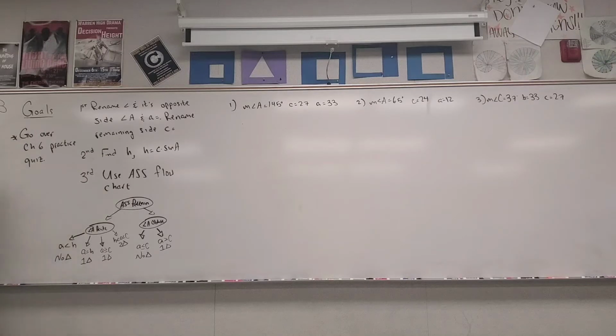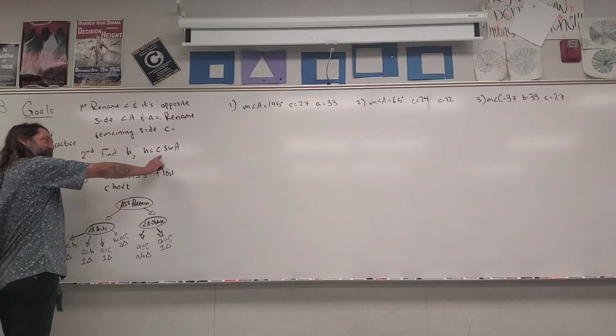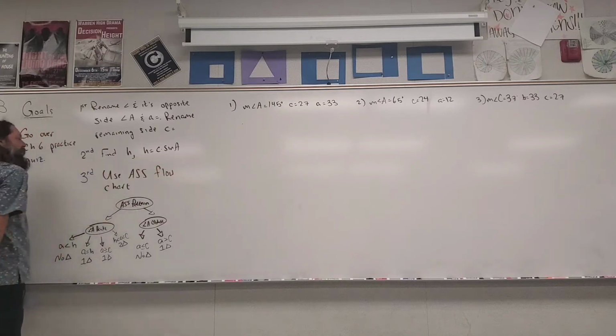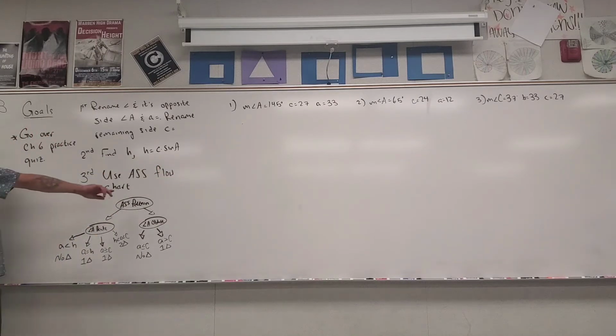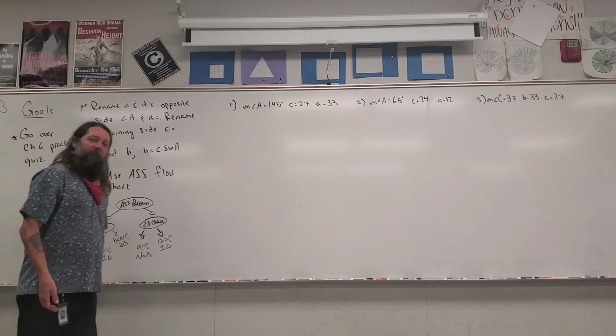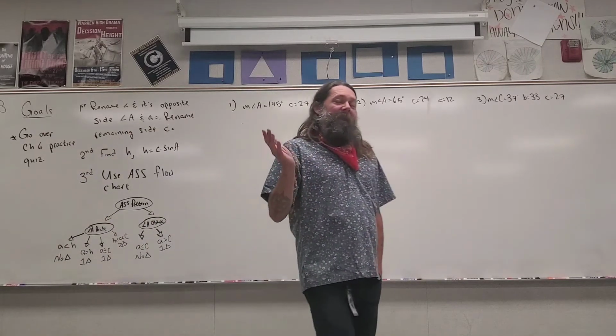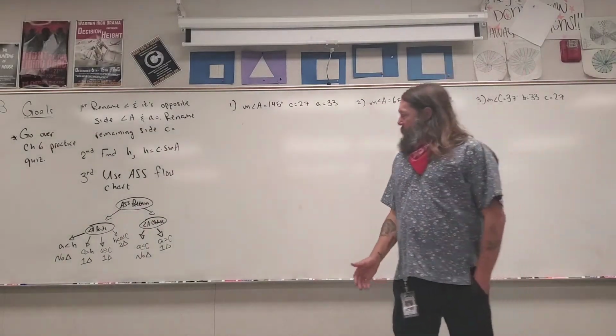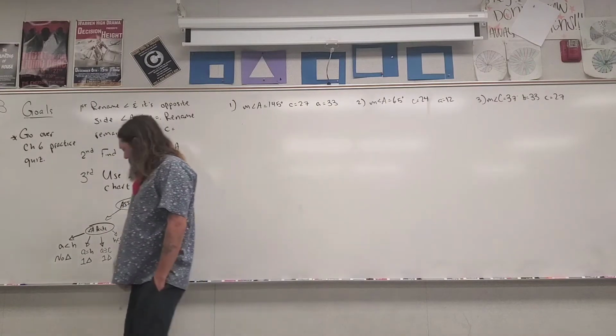First, we need to rename an angle and its opposite side, angle A and length A, and rename the remaining side, length C. The second thing we need to do is find the height of our triangle, and the height is going to be the length of C times the sine of our angle A. And third and finally, we're going to use the angle side-side flow chart to determine the number of triangles we have. Notice there's nothing about angle A being a right angle. If it was a right angle, we would have a right triangle, and we wouldn't need this.